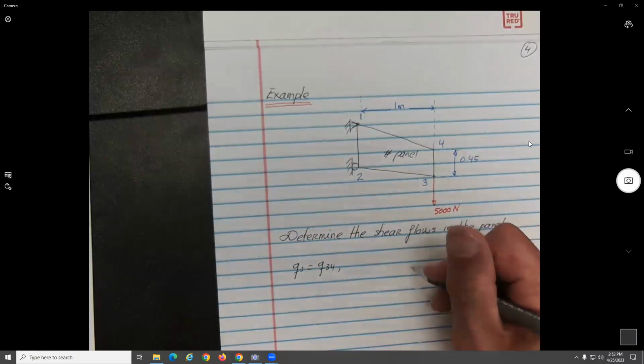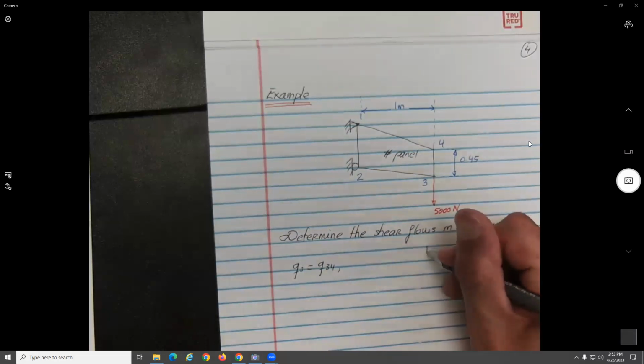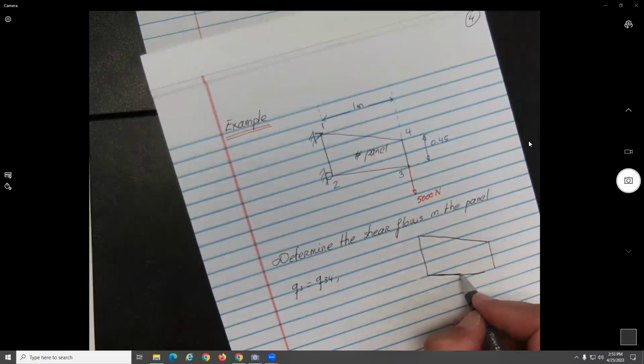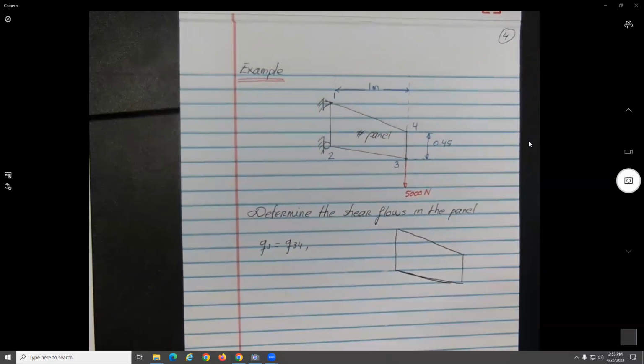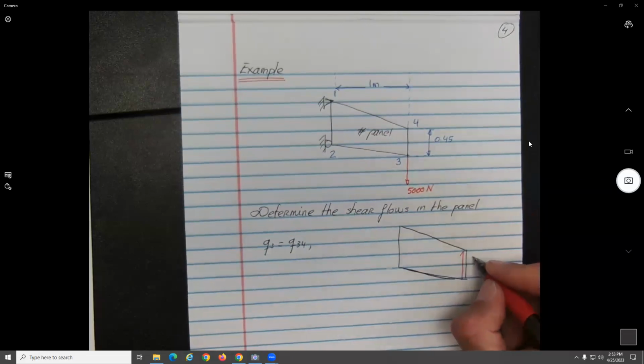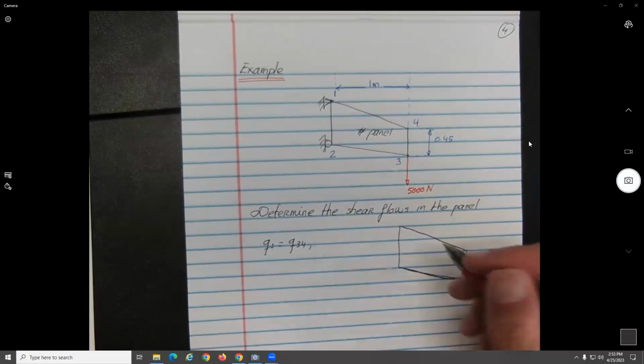Okay, let me do here the panel again. I do here 3 and 2. So basically, we use the same notation. This will be Q short.